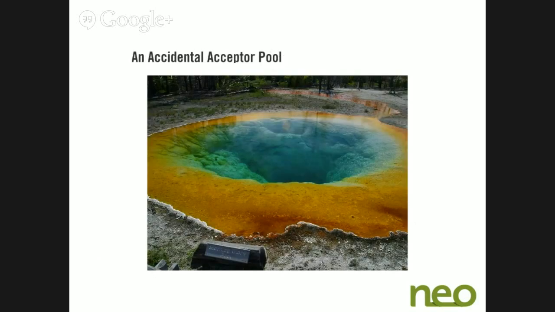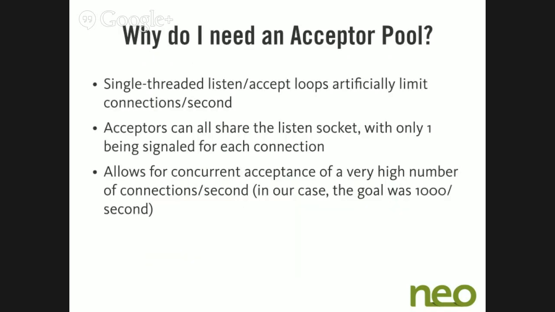We accidentally wrote an acceptor pool, which I didn't even know existed until we started working on this application. One of the requirements that we had was that we needed to be able to handle up to 1,000 new TCP/IP connections per second. They have observed this behavior in their production environment.